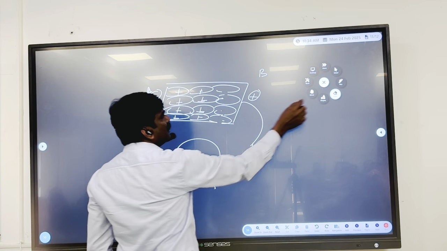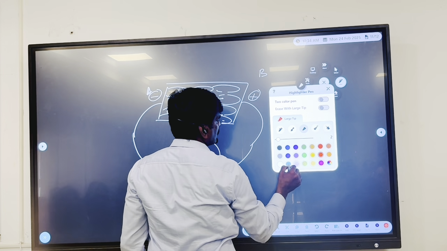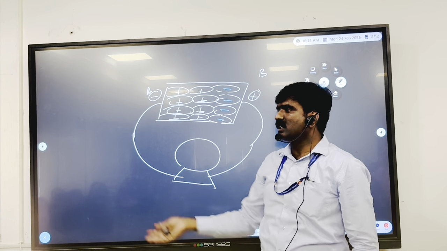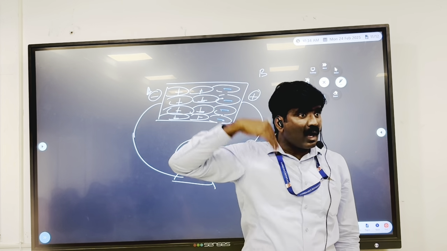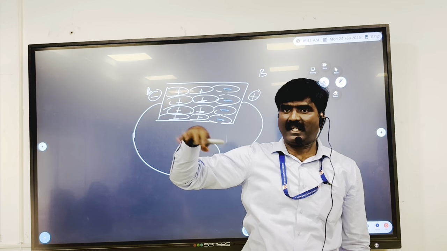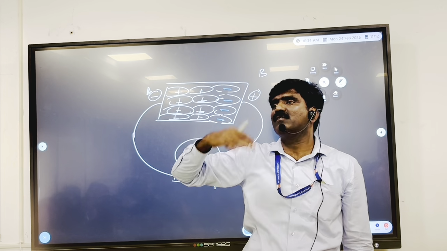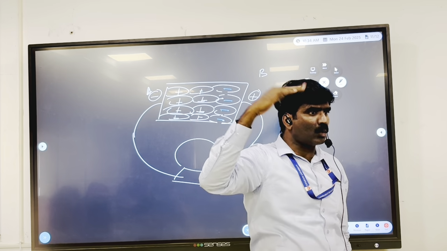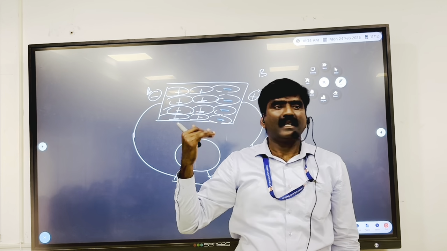Now what will happen? This cell will repolarize first. What is repolarization? Repolarization means the cell is gaining negativity, after having become positive in between. When potassium is going out, the cell becomes negative.